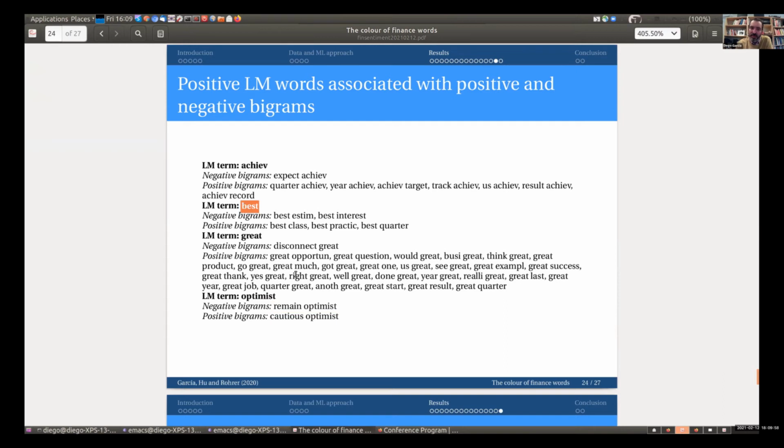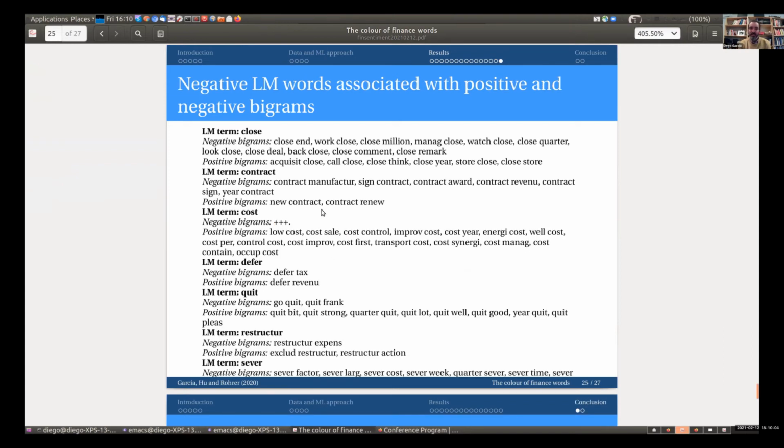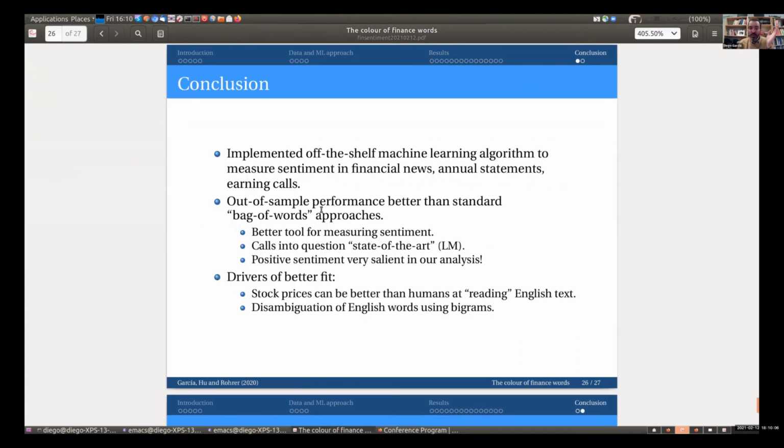Similar examples here. To make a best estimate is not a great bigram in these earnings calls. To conclude, we've implemented this off-the-shelf machine learning algorithm to see if we can measure sentiment in text better. It does seem the out-of-sample performance argues overwhelmingly that these algorithms do much better than these backward approaches.